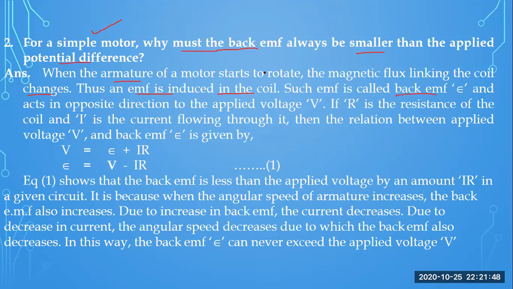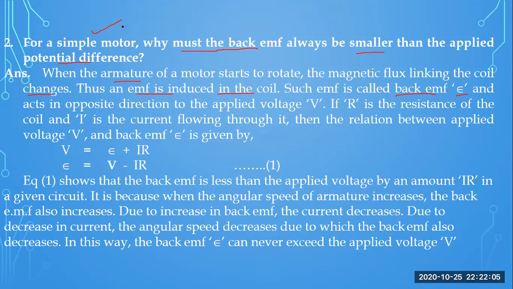When the armature of the coil starts to rotate, the magnetic flux linking the coil changes. Thus, an EMF is induced in the coil. This EMF is basically called back EMF, and it is written with this symbol.